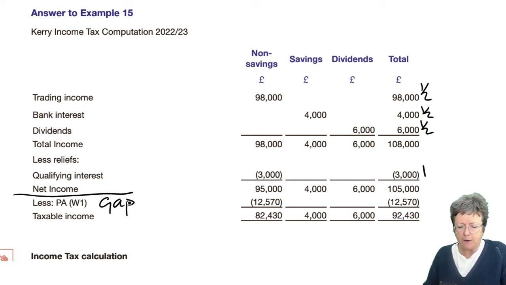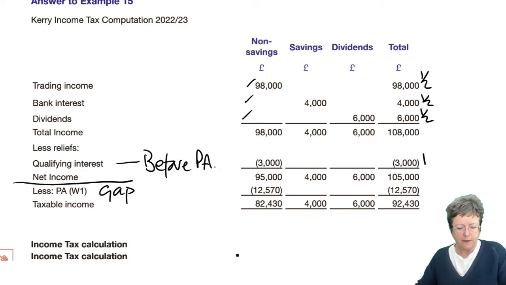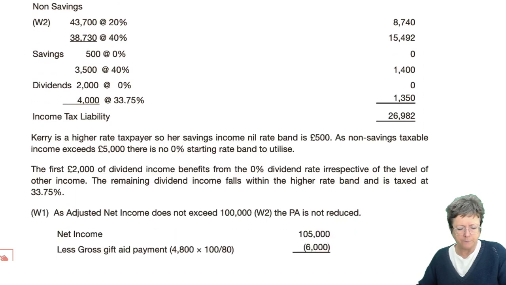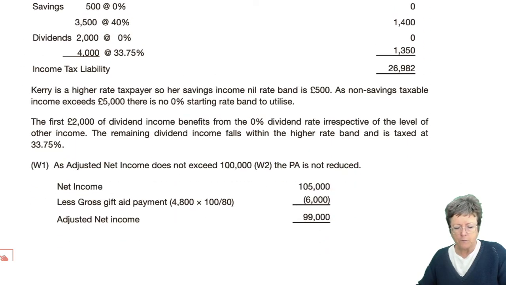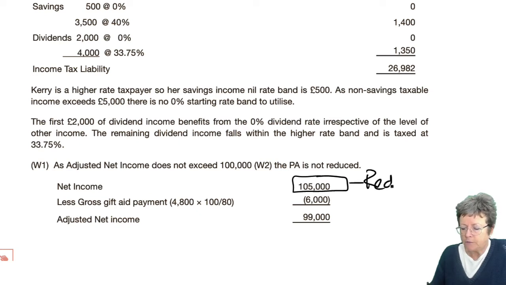So the trading income, these 3 have been copied from the question, and we've put the qualifying interest in before the personal allowance. Now let's go down and have a look at working number 1. Now before the gift aid payment, that would have caused a reduction, wouldn't it?